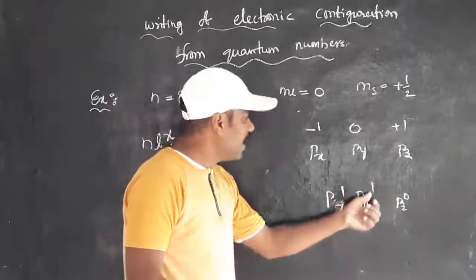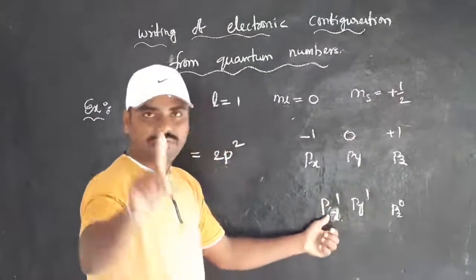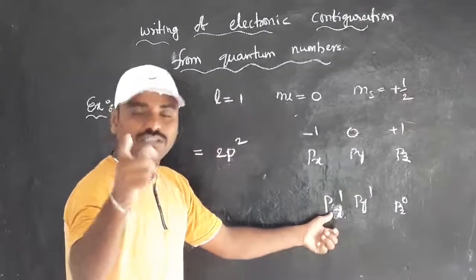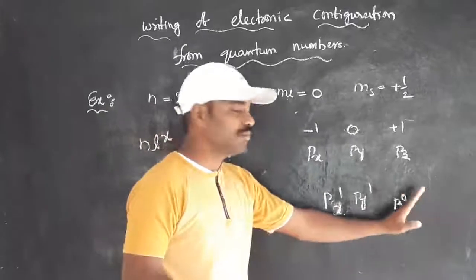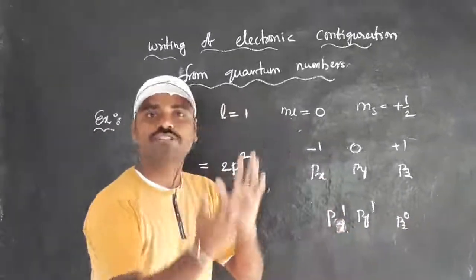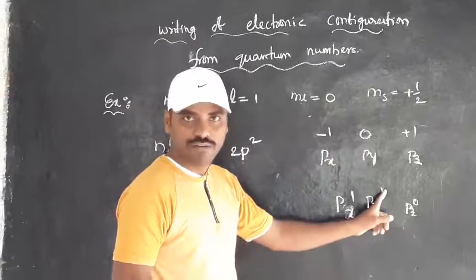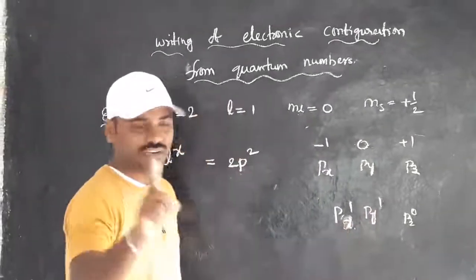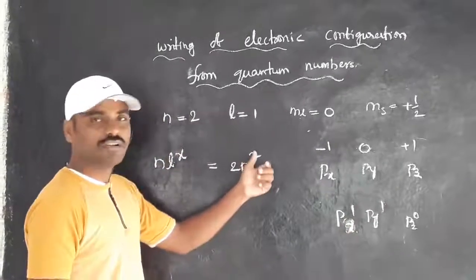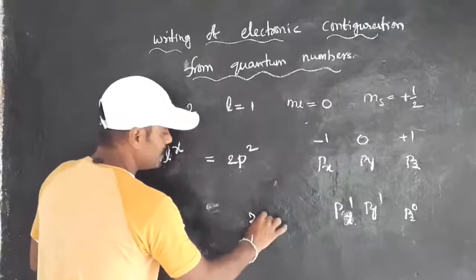If the py electron has plus half, the earlier orbital existed with only a single electron, as we already discussed in Hund's principle. First the clockwise electron fills, after that the opposite spin can start. So here we got p1 in the y orbital, and px also existed with 1. So the total number of electrons in the p orbital is 2. We can write 2p with 2 electrons.